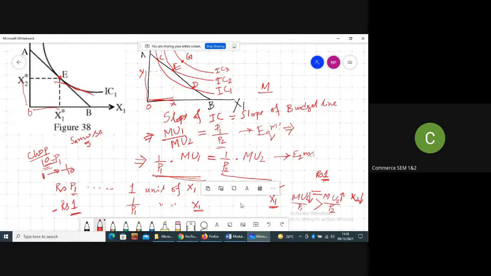This is the slope of the budget line and this red line is the slope of the indifference curve. So what will happen at this point? In this case, slope of IC, which is mu1 by mu2, will be less than p1 by p2. তাহলে কি হবে?